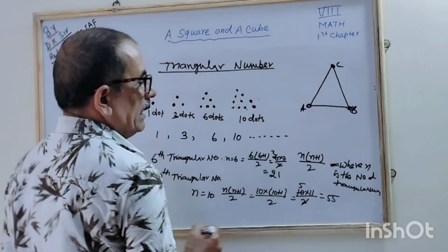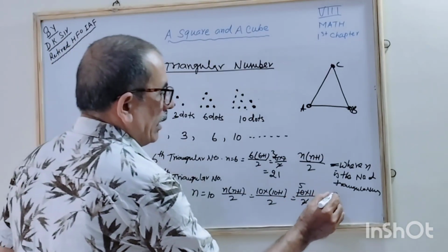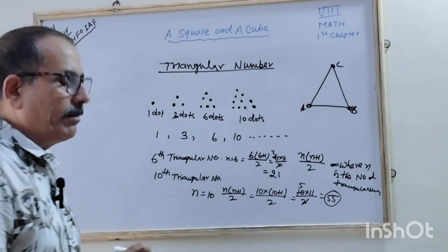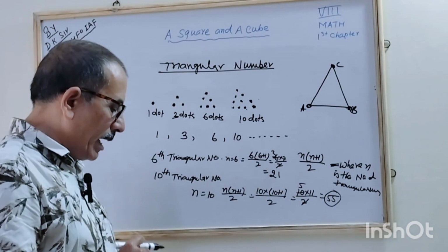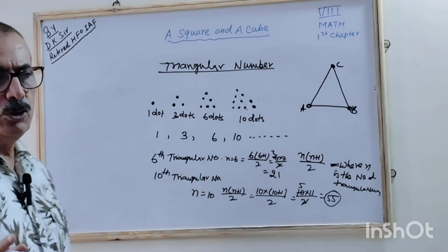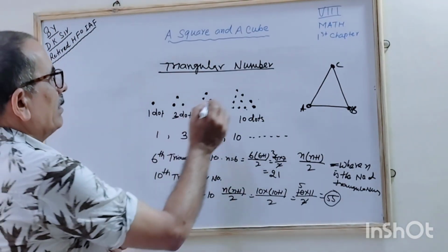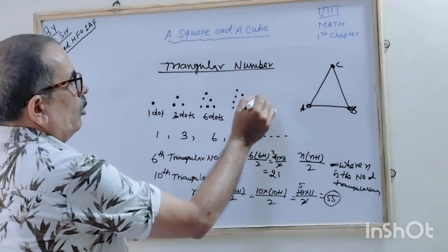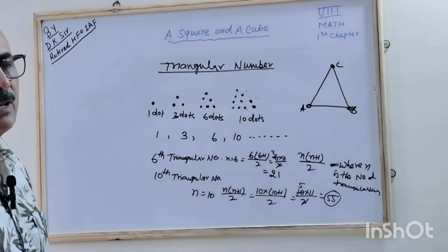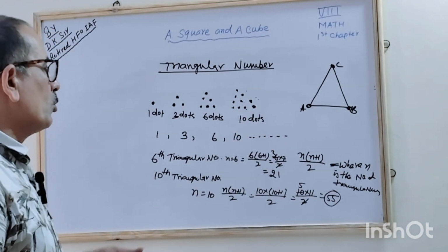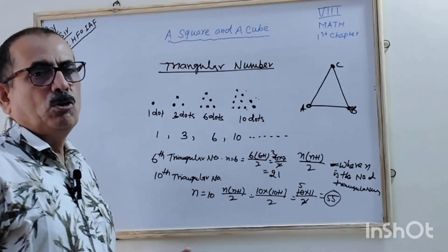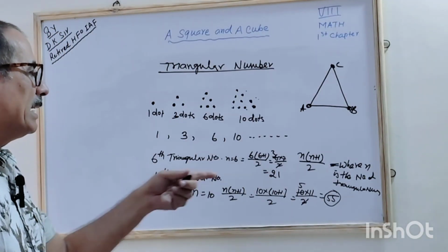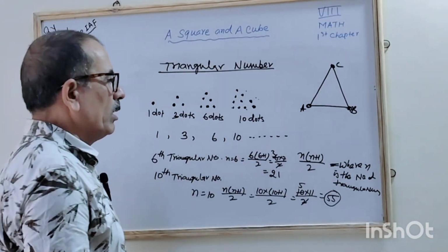So your 10th triangular number will be 55, correct? If you know this formula, you can find it out. Understood? So you need not struggle like this, correct? You need not make dots. It takes a lot of time. To save time for MCQ questions, please follow this formula. Understood?